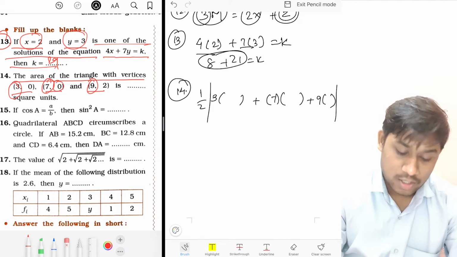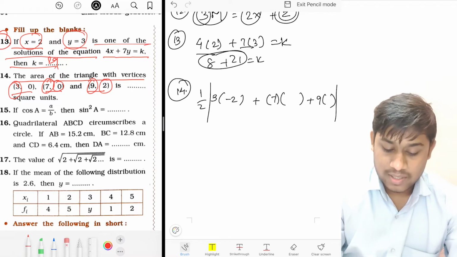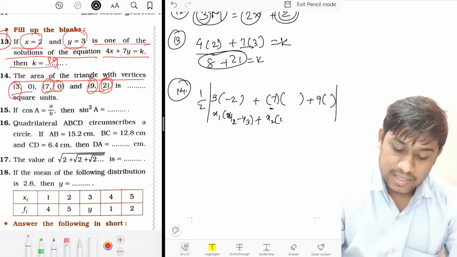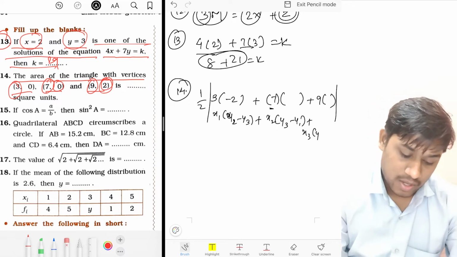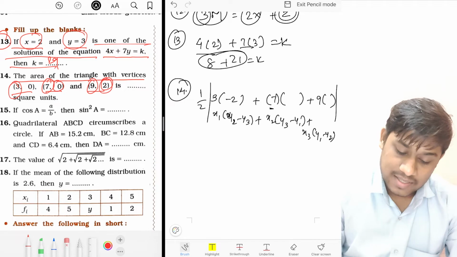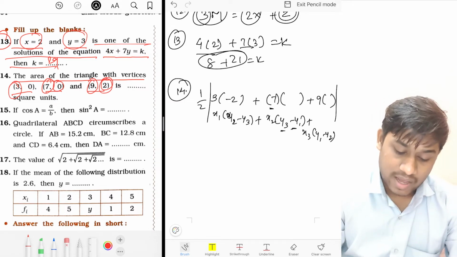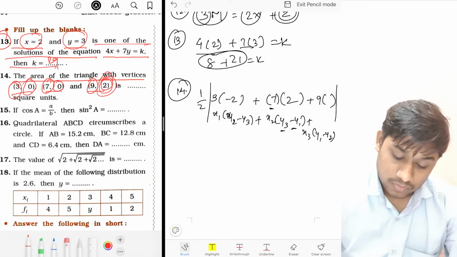Now what do we have? y2 minus y1, 0 minus... see x1 (y2 minus y3) plus x2 (y3 minus y1) plus x3 (y1 minus y2). Okay, now see here what we have. y3 minus y1, we have 2.